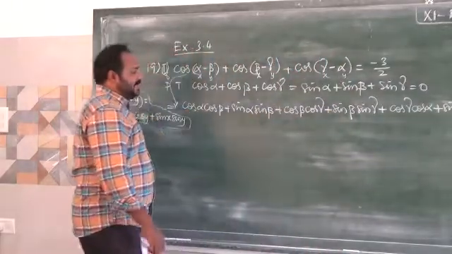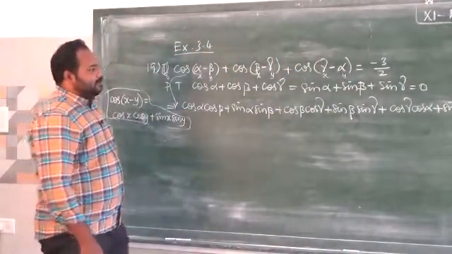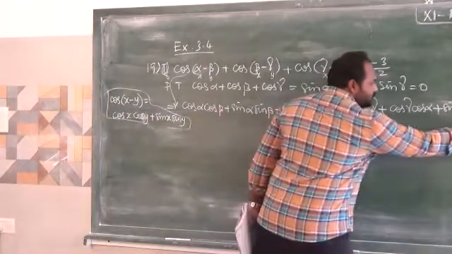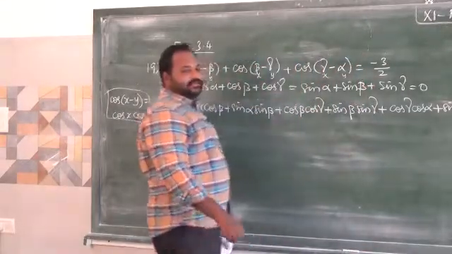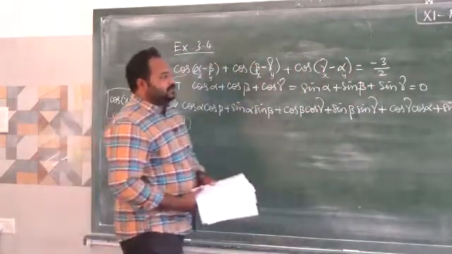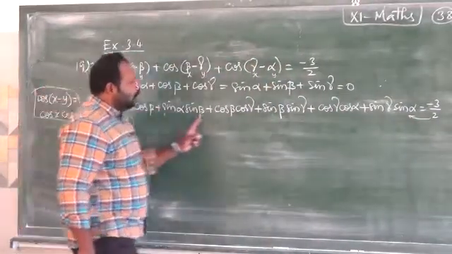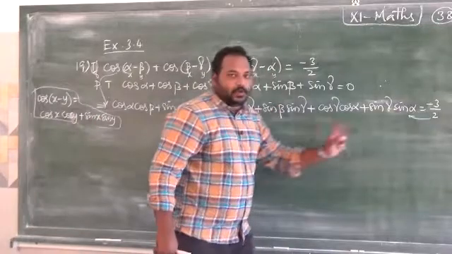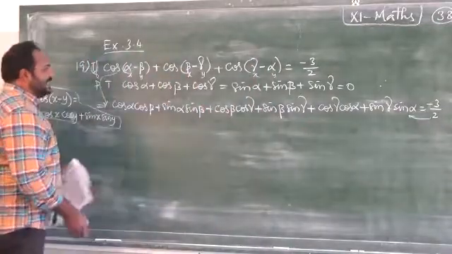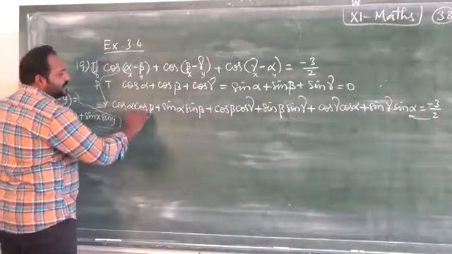Okay, after expanding, I am going to bring this 2 to the left hand side. If you bring 2 this side, this 2 will be multiplied with the whole LHS. So directly I am multiplying 2 inside all the terms.